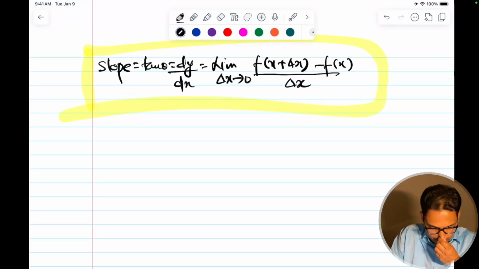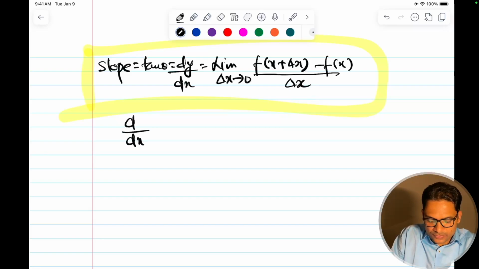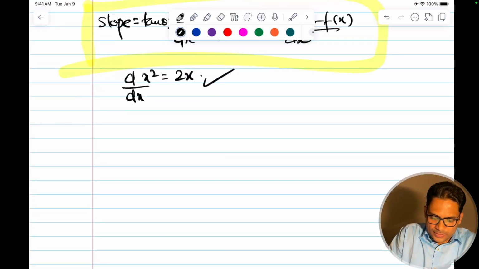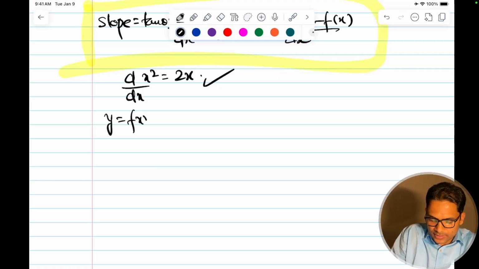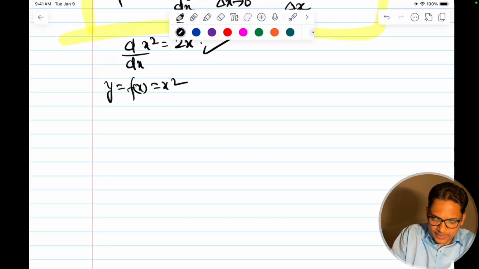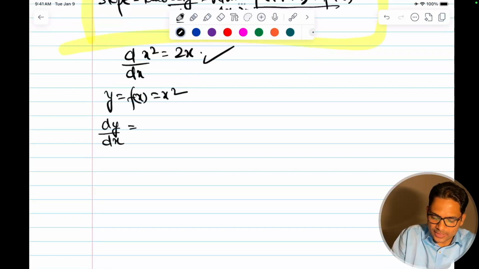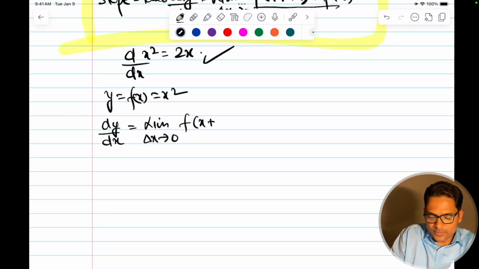We know that d by dx of x square is equal to 2x, right? Let's check it out using this formula. So my y is equal to f of x is equal to x square. So my dy by dx or tan theta will be equal to limit delta x tends to 0 f of x plus delta x minus f of x by delta x.